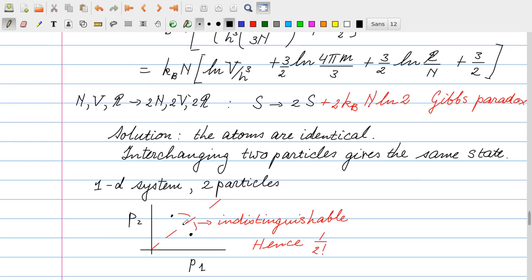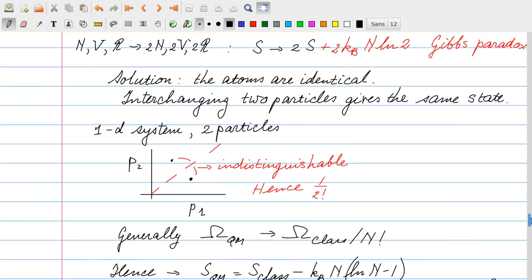But if I swap the two values, I will have this point here. And so far we have counted those as two different points. But according to quantum mechanics, this boils down to interchanging the two particles, and for indistinguishable particles, these points should be counted as one. And so in general for N particles, in this case I should divide by 2 factorial, because that's the number of ways in which I can order two particles. And in general I have to divide by N factorial.